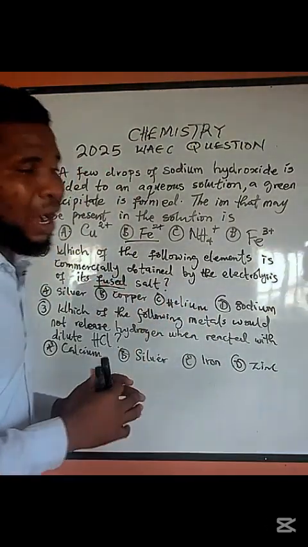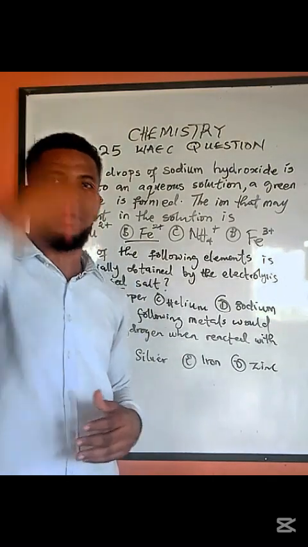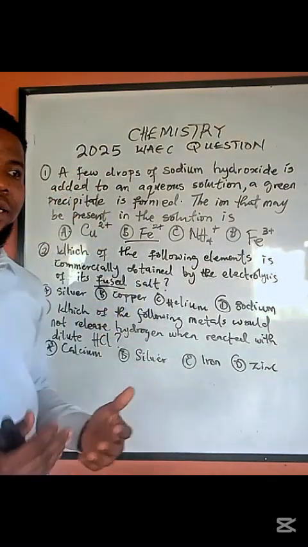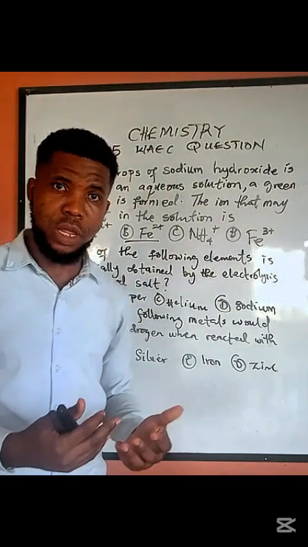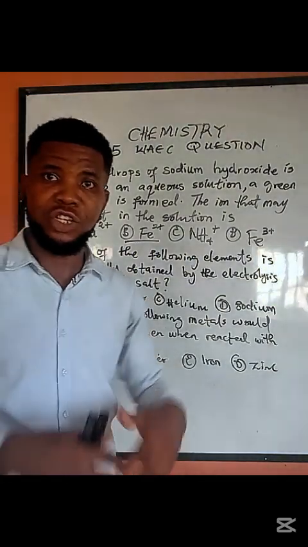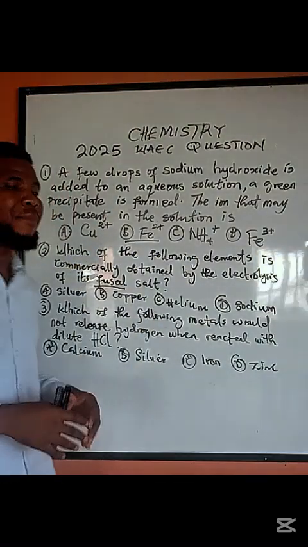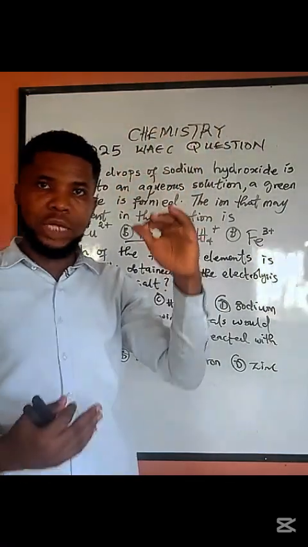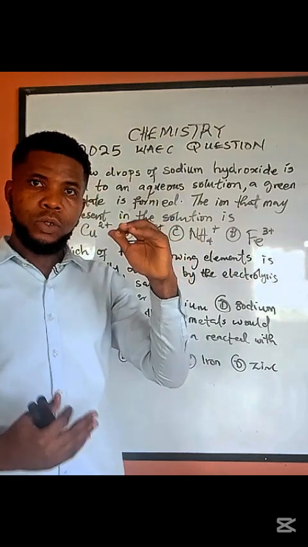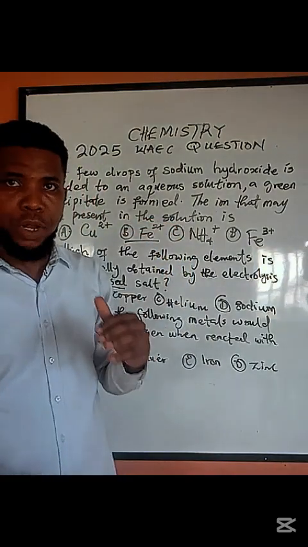So, for metals, as we go down from top to bottom, the discharging ability increases, or preferential discharge increases. Now, what does that mean? The ones at the top will not be discharged. So, as we go down, the ones below will be discharged.